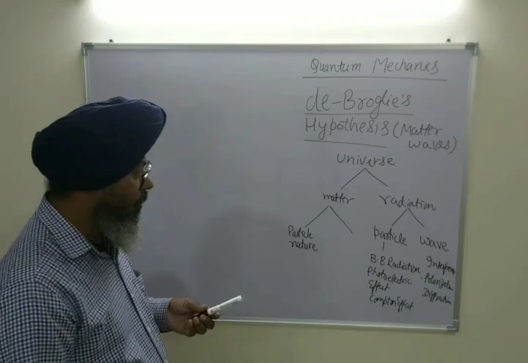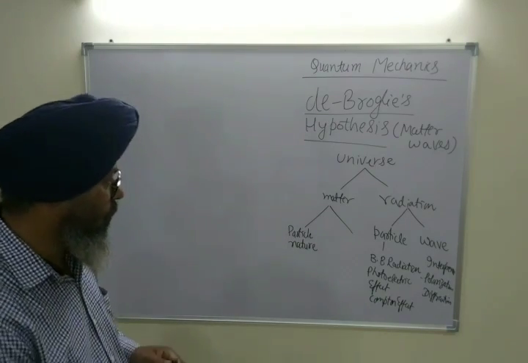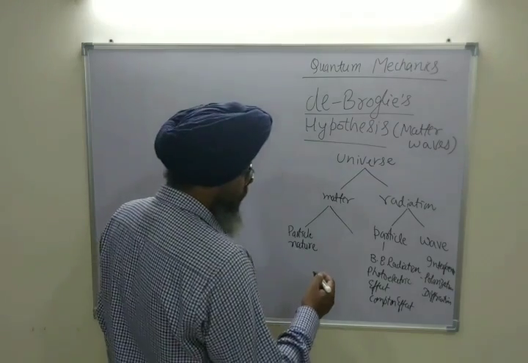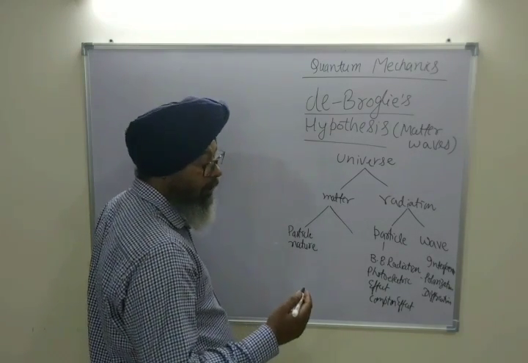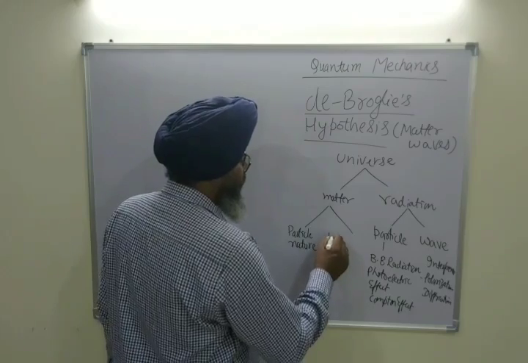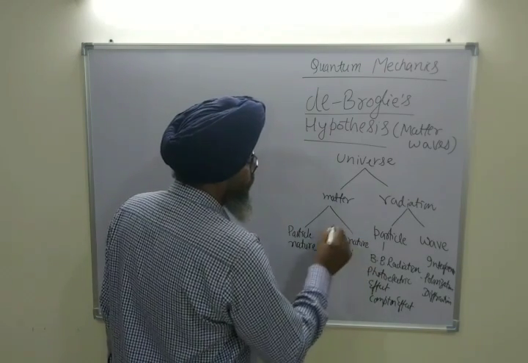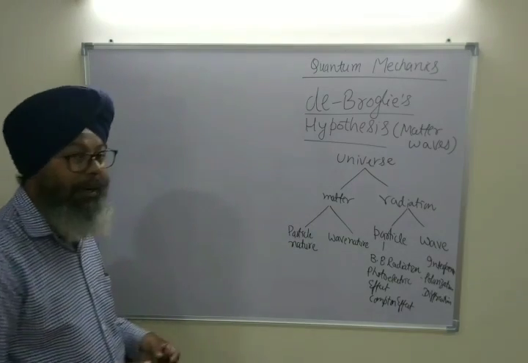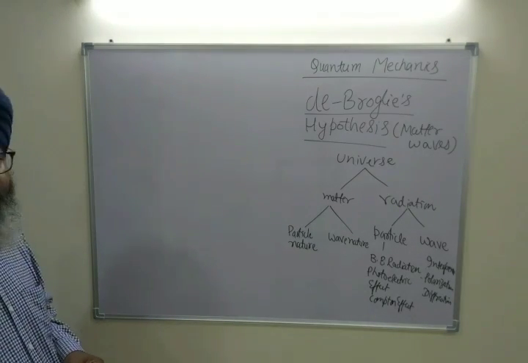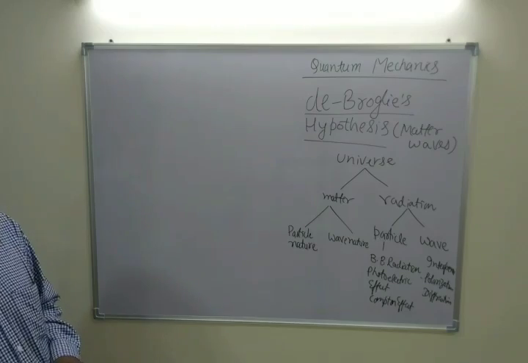So matter possesses particle nature, which is the prototype nature of matter, and the new nature about which de-Broglie talked was the wave nature of matter. And this concept that matter possesses dual nature just like radiation is called de-Broglie's hypothesis.